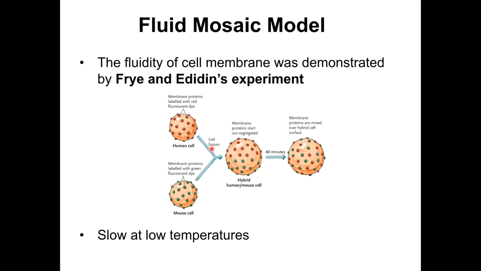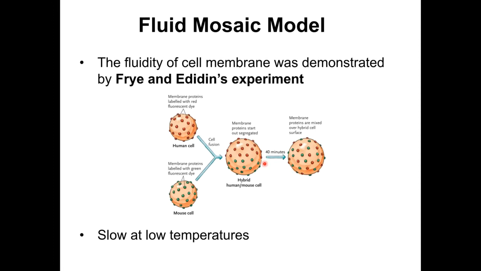You can do that in different ways, with very high pressure, or by using viruses. There are different ways that you can force that. Now, imagine that as soon as you fuse them, like two soap bubbles fused together, originally all the proteins in the human cell will be on one half and the proteins coming from the mouse will be on the other half.